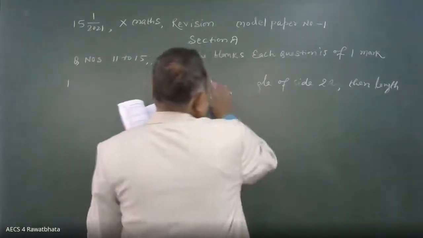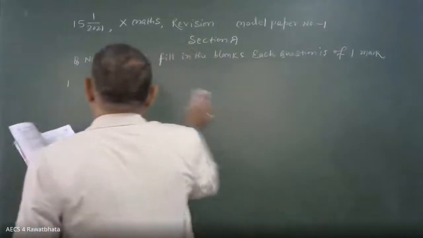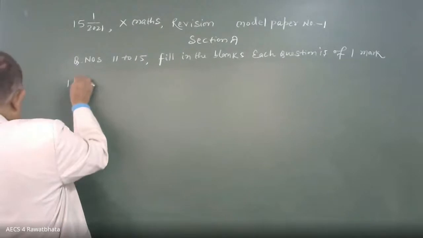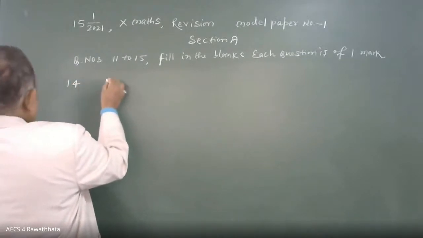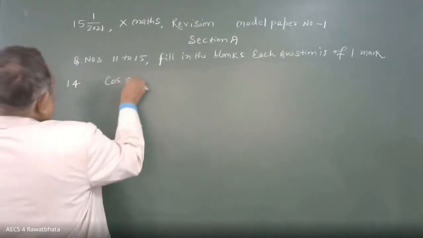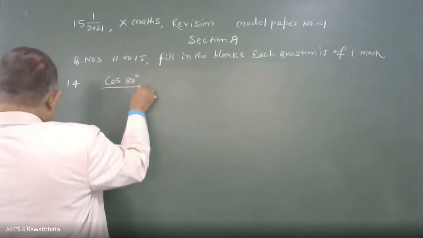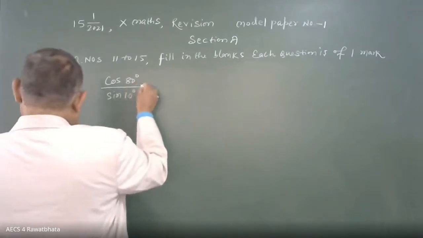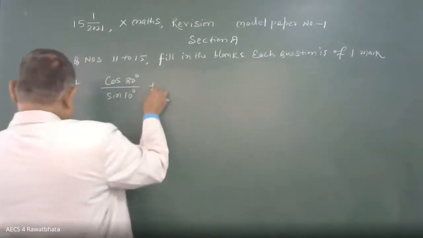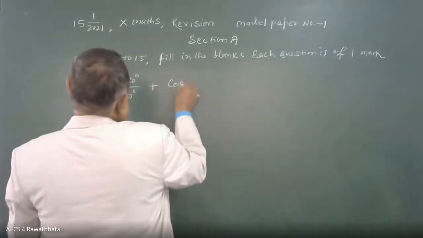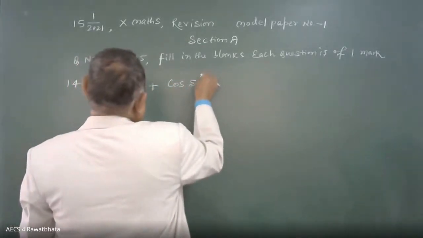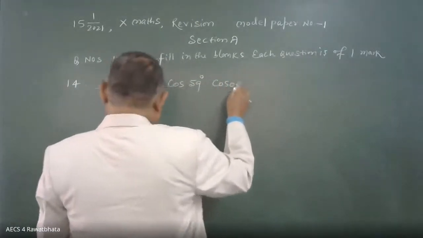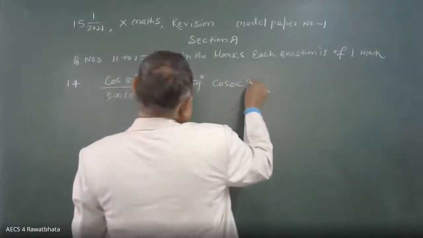Question number 14. Cos 80 degree upon sin 10 degree plus cos 59 degree into cosec 31 degree is equal to dash.